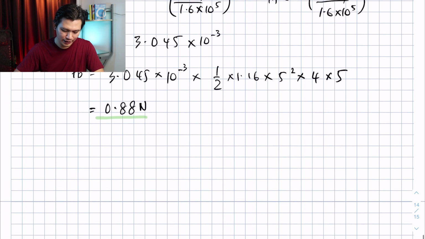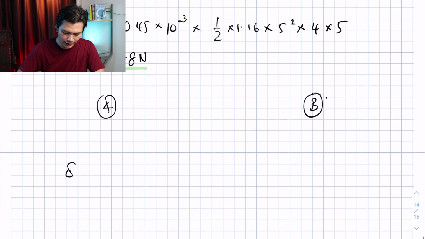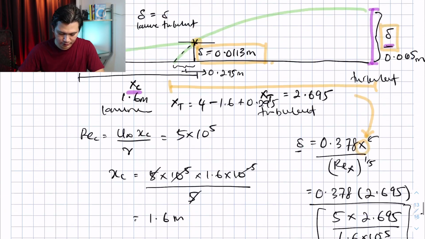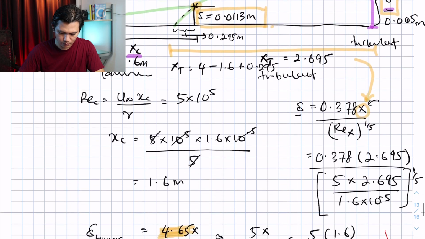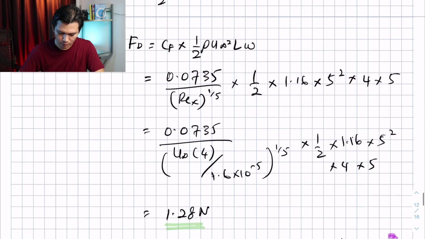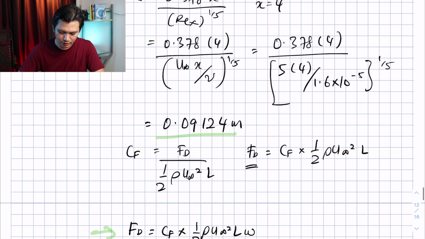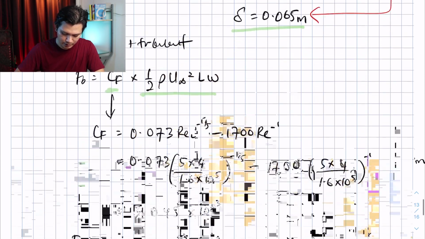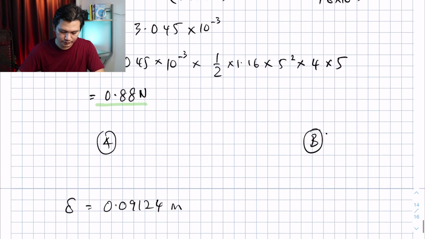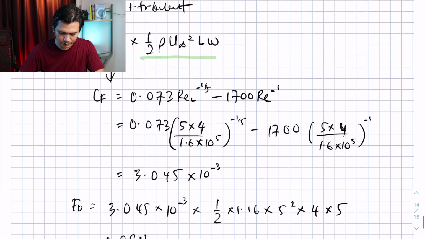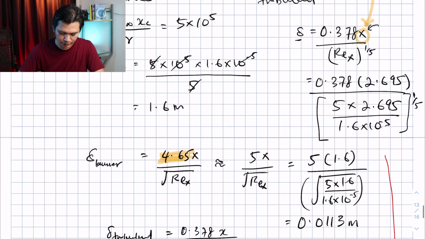Now let's compare case A and case B. For case A, del is 0.09124 meter and the force is 1.28 Newton.